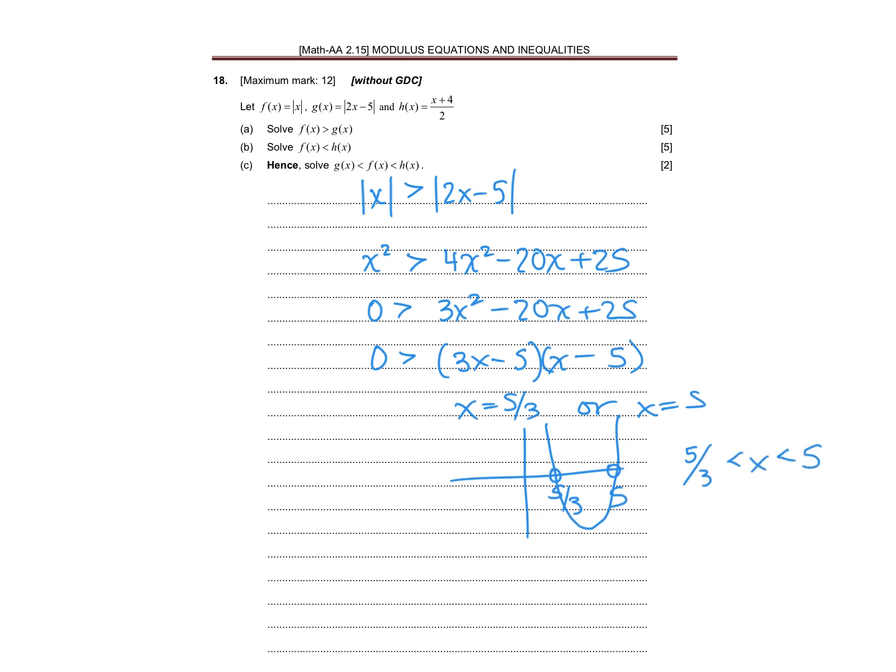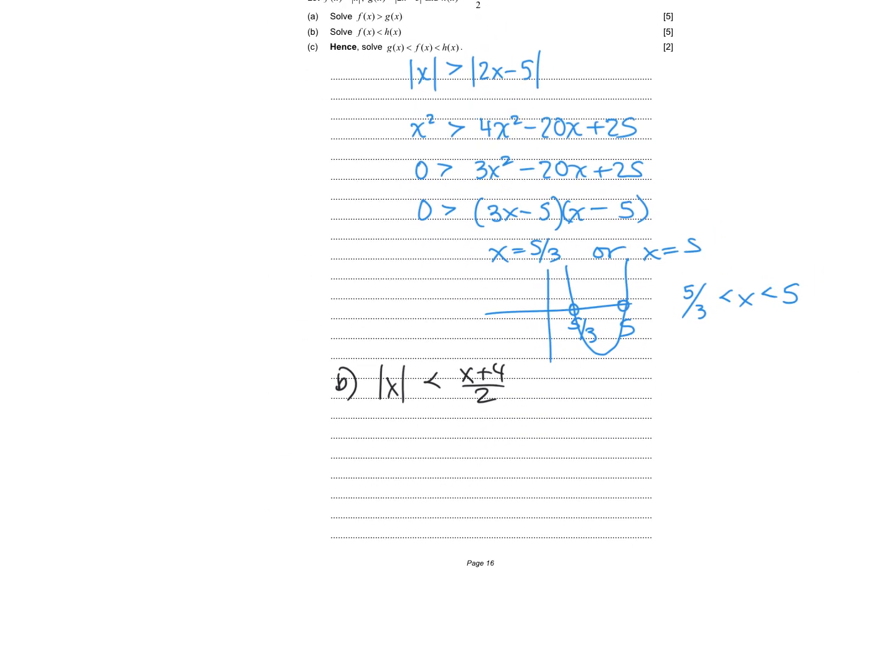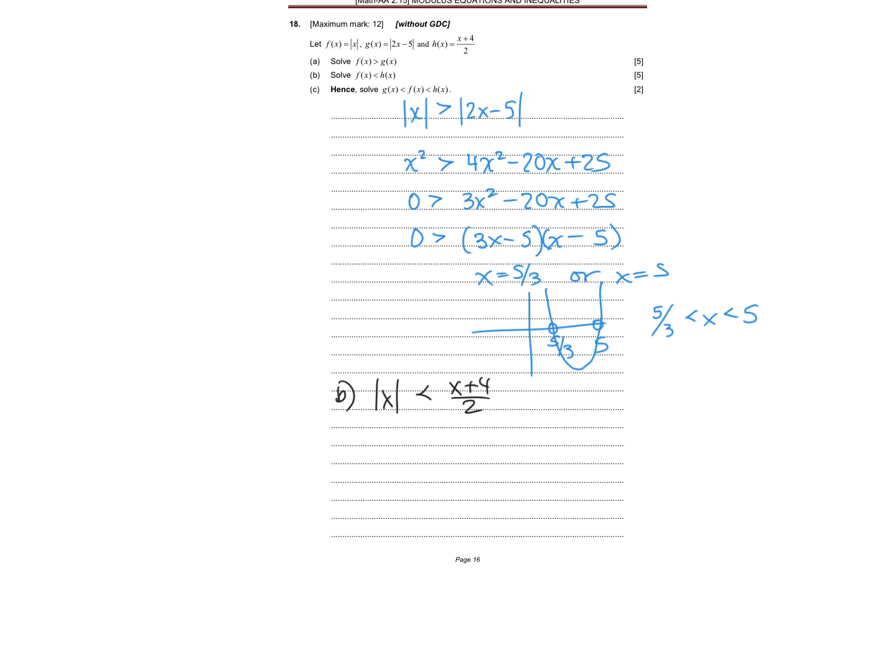Okay, so for B, we have f at x less than h at x, x plus 4 over 2. So this one, I would do like this.